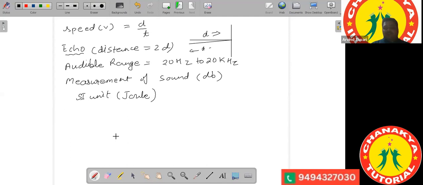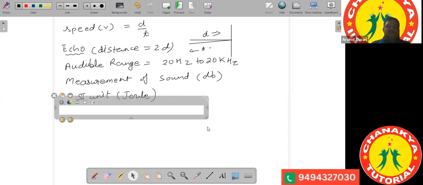Let's try to solve this question. I'm providing the question and I want the solution from everyone. Siddhisri, will you be able to answer questions?